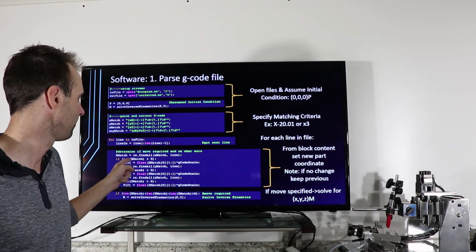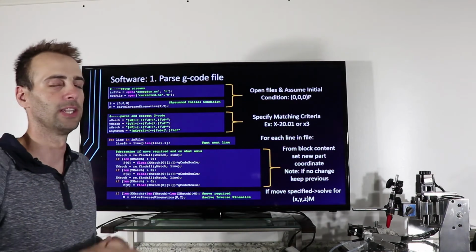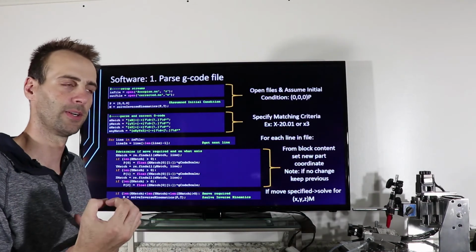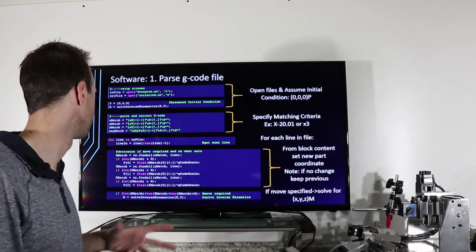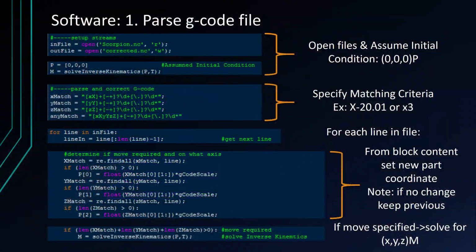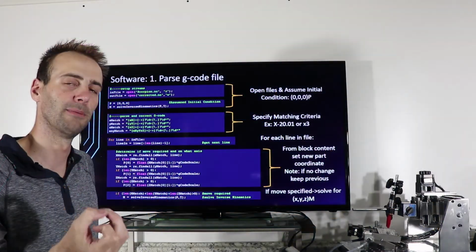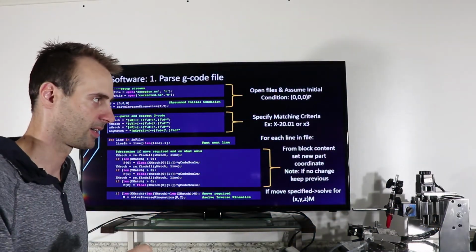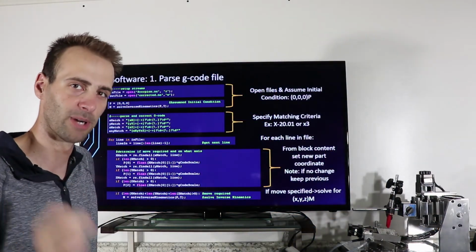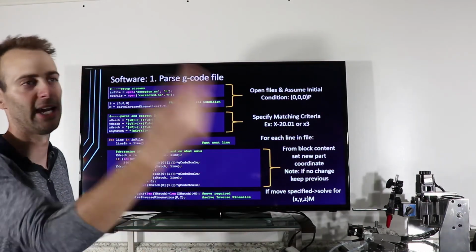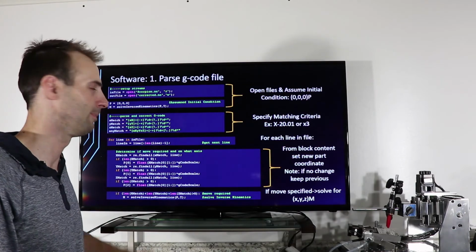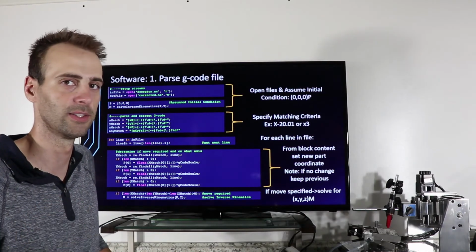So I say if the x match length is greater than 0, that means that it's trying to command an x move, okay? And then what I also do is specify that now my x coordinate in my part coordinate system, my desired, I convert back to a float and dump it back into that coordinate, okay?